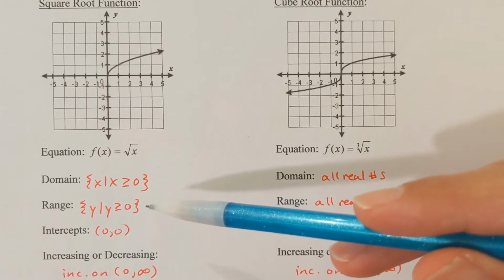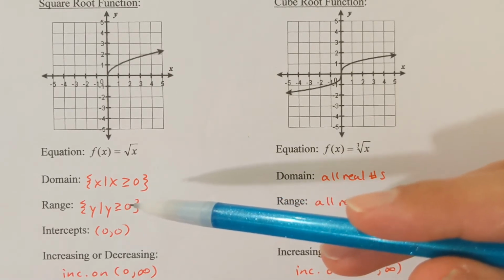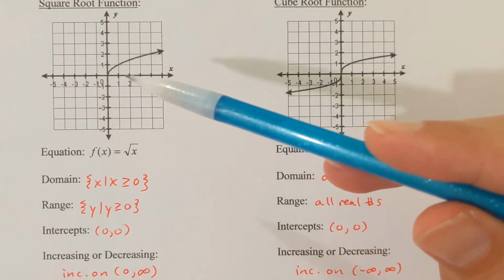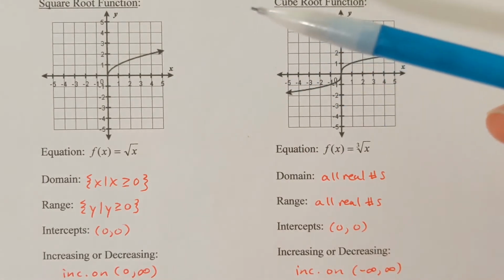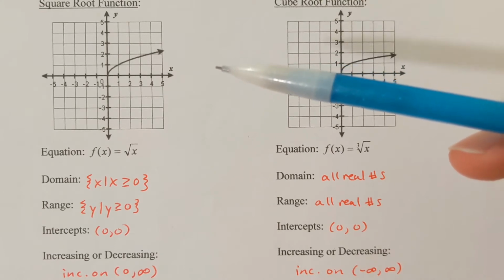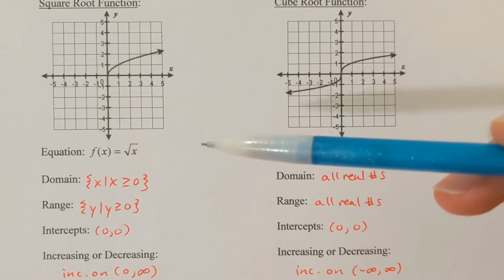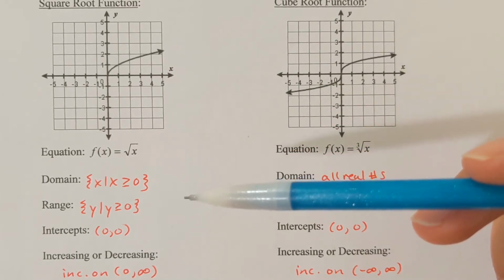The range of the function is the same. Set of all y such that y is greater than or equal to 0. So if I take the square root of a number, I always get a positive value, or a non-negative number, I should say. 0 is neither positive nor negative.